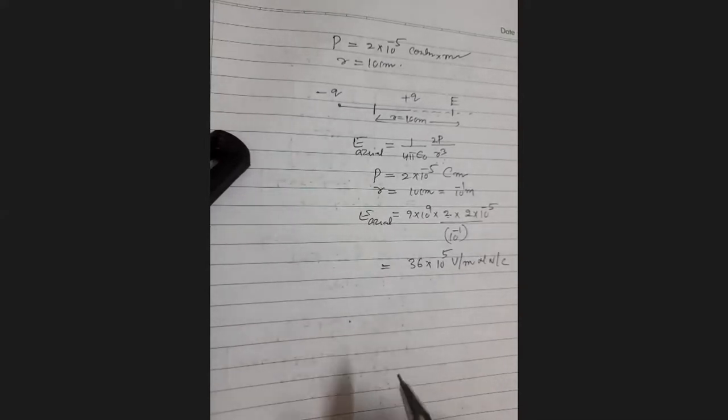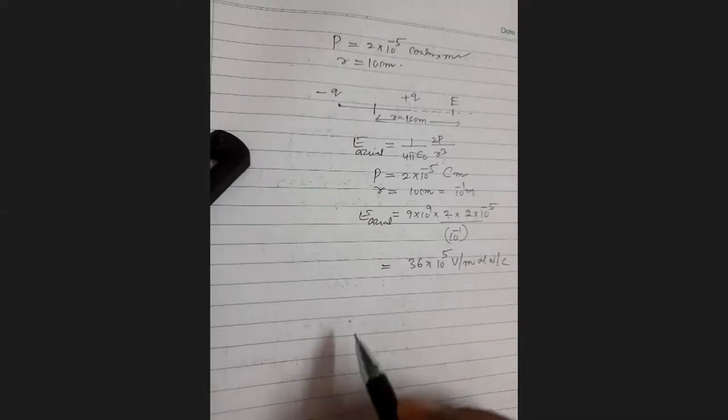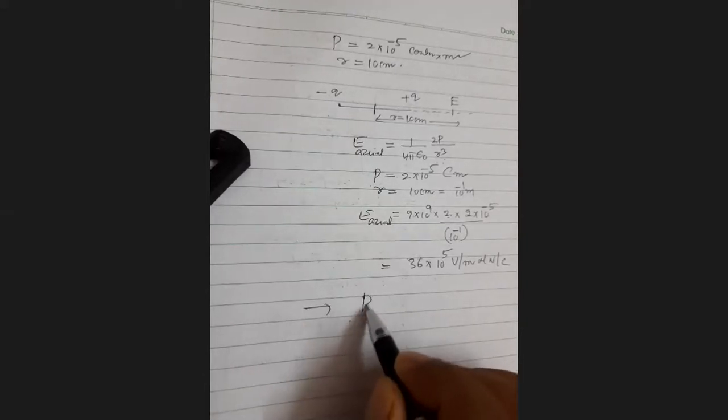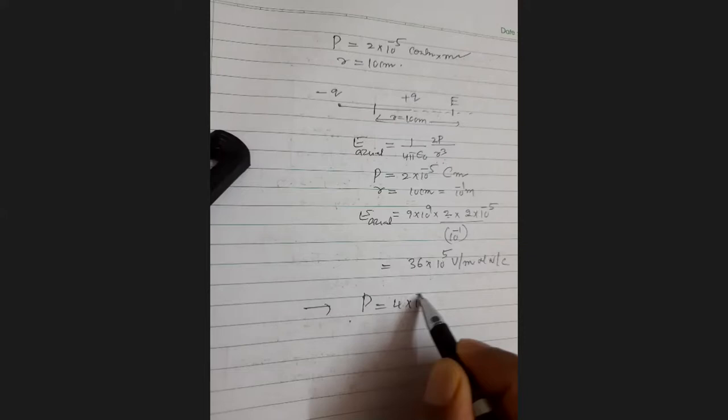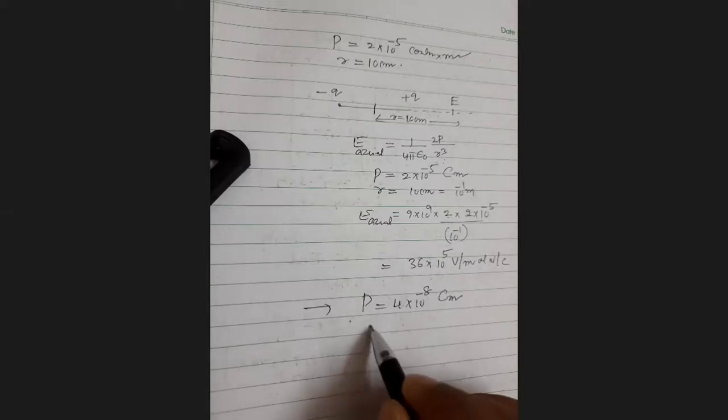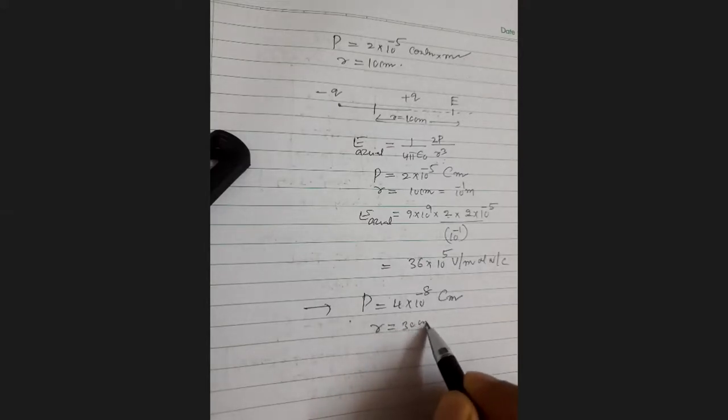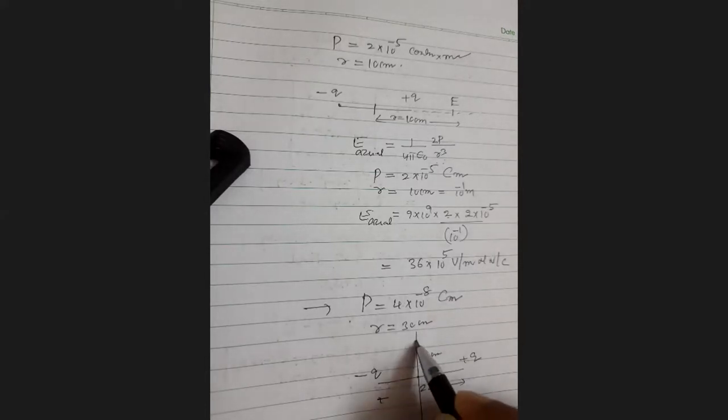One more problem. A short dipole has dipole moment 4 into 10 power minus 8 coulomb meter. Find the electric field strength on its equatorial line at the distance 30 centimeter. Minus q, this is plus q, dipole length say 2L. This is the equatorial line. On the equatorial line at the distance of 30 centimeter, it is asking for the field strength.